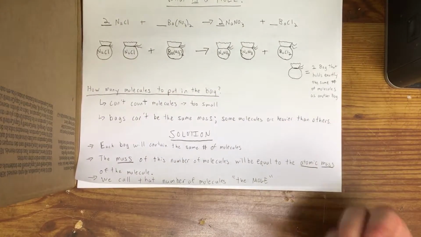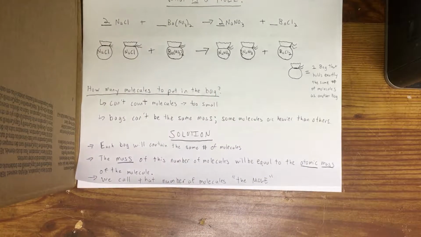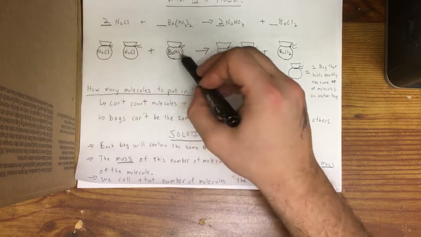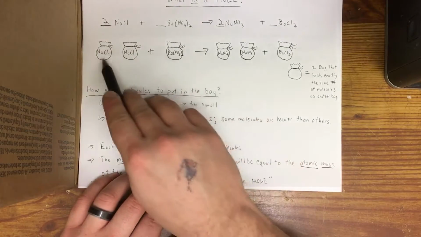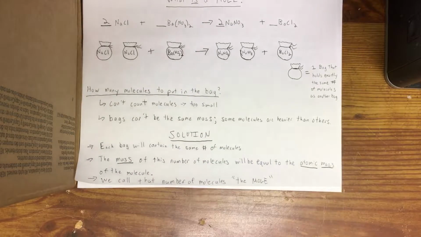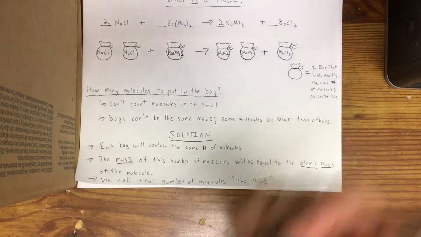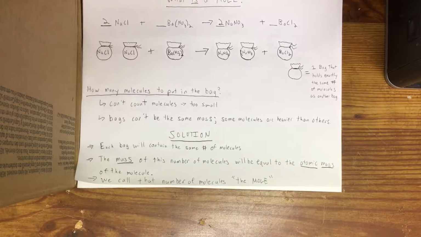So that doesn't work either. If we weigh out the same mass of each of these substances, even if we weigh out twice as much mass as this substance, we're not going to have everything in the right proportions. We're not going to have this 2 to 1 ratio. So the bags can't be the same mass because some of the molecules that go into the bags are heavier than others. They have different weights. So what's the solution?